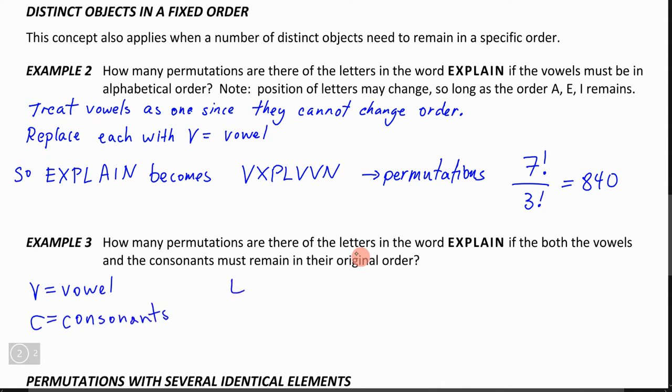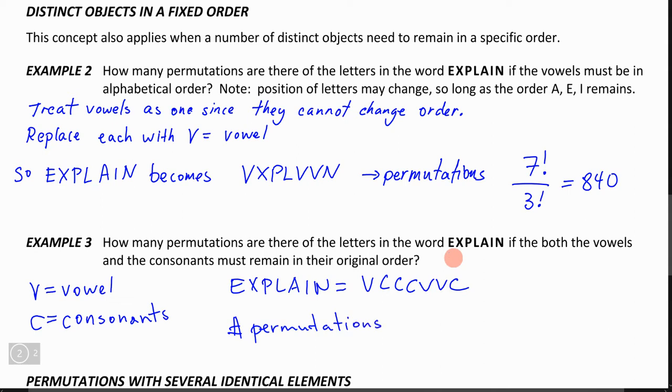So the word explain becomes V, C, C, C, V, V, C. So vowel, consonant, consonant, consonant, vowel, vowel, consonant. So what are the number of permutations? The number of permutations are 7 factorial over 3 factorial times 4 factorial, which is 35.